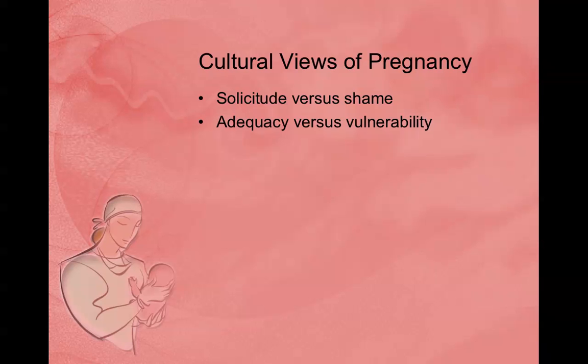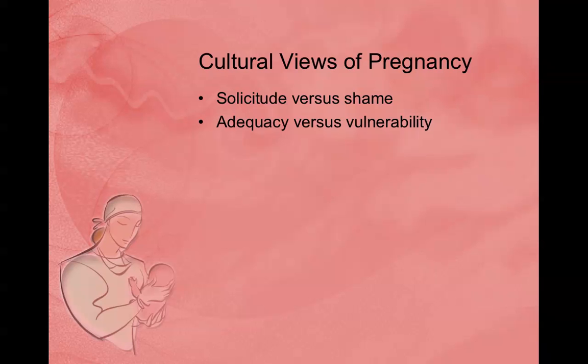A culture's view of pregnancy can determine the kinds and severity of the symptoms associated with it, the types of treatment or medical assistance sought by the mother, and the degree to which pregnancy is responded to as a life stressor. If the pregnant woman is shown great care and concern and protected, she is shown a view of solicitude.